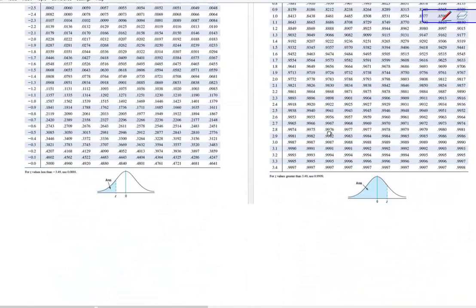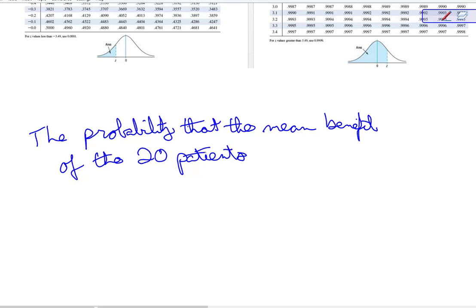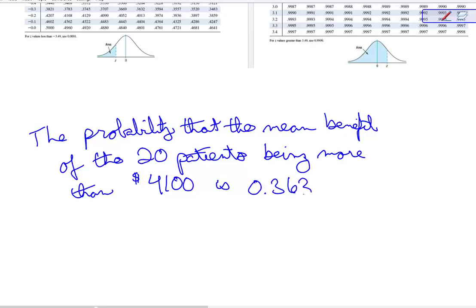Again, I want to apply that back to my problem. So the probability that the mean benefit of the 20 patients being more than $4,100 is 0.3632.